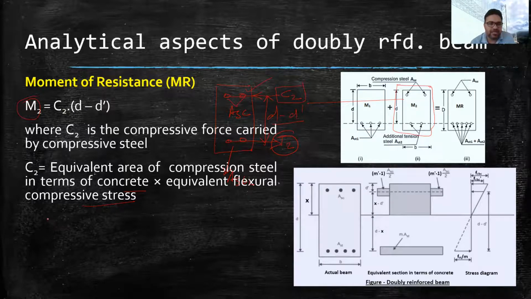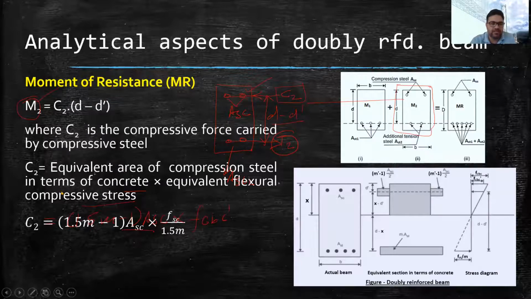This equivalent area we can write as 1.5 M minus 1 into ASC. So this becomes the equivalent area of compression steel in terms of concrete, multiplied by the equivalent flexural compressive stress, which becomes FCBC dash. So that becomes the C2 value. And when we multiply this with d minus d dash, we can easily find out the M2 value.